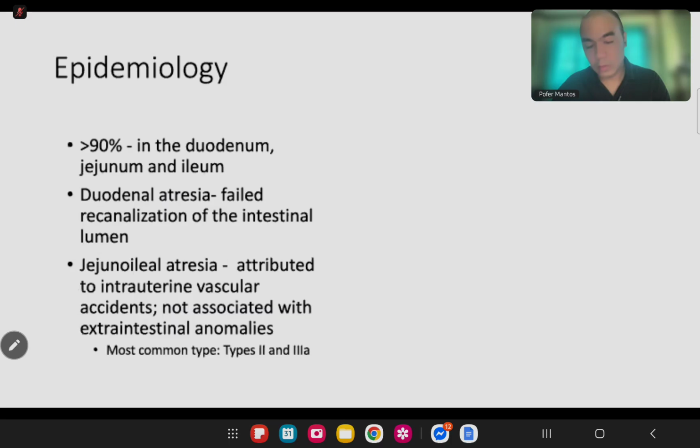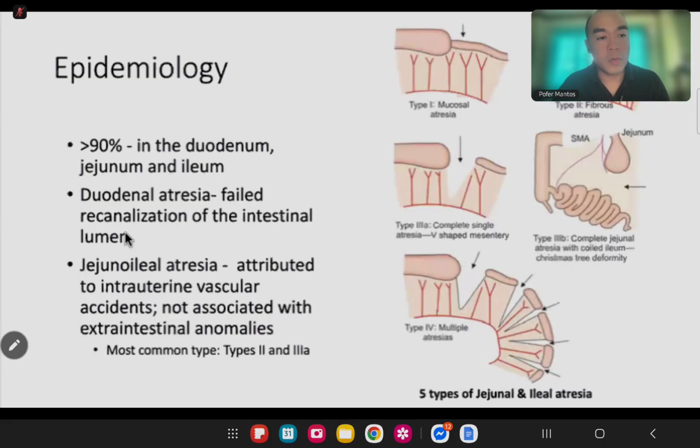In the GI tract, 90% of atresias may be found at the small intestine, particularly at the duodenum. The most common cause is usually duodenal atresia, which results from a failed recanalization of the intestinal lumen.